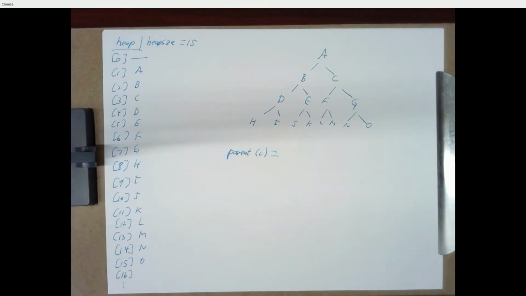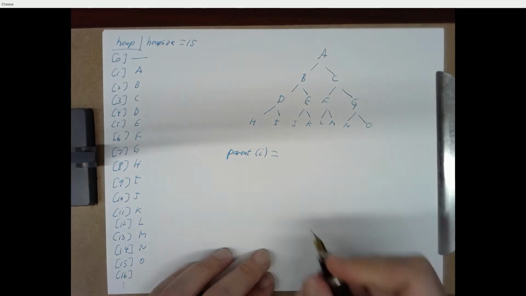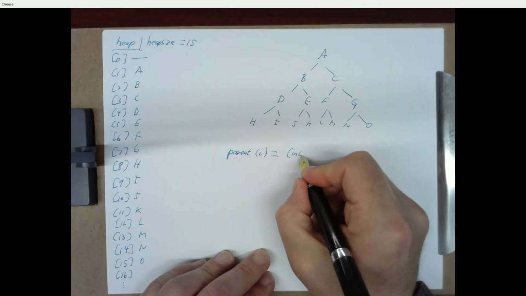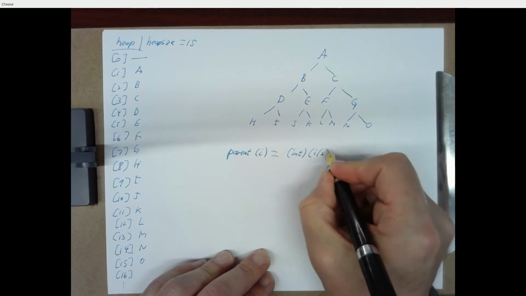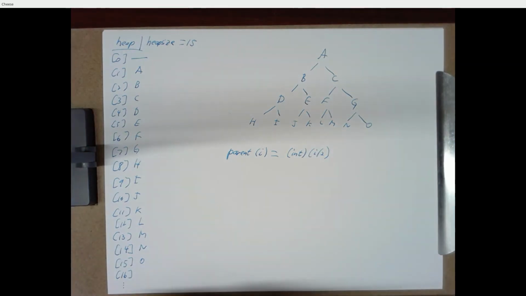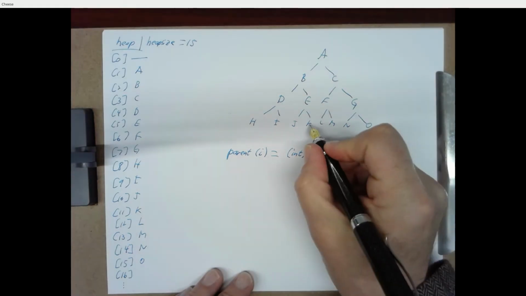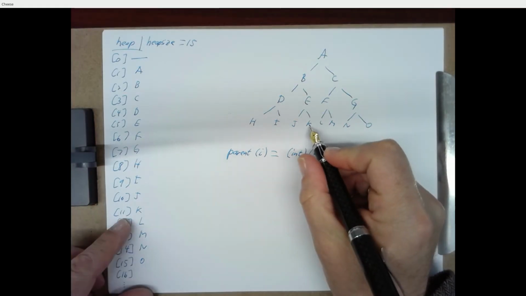we can make a function to find the parent of that node. The parent is just the integer value of I divided by 2. For example, if we want to know element K's parent, K is stored at index 11. 11 divided by 2 is 5.